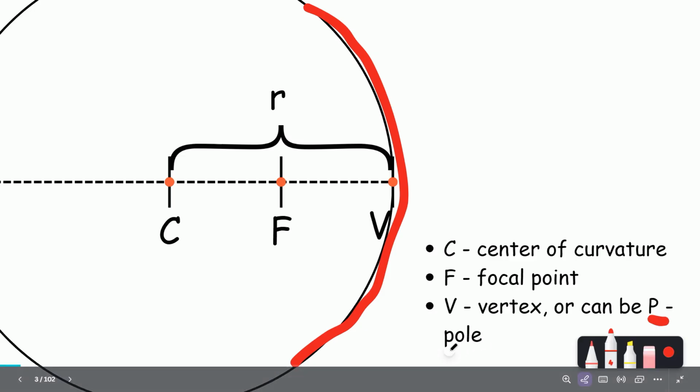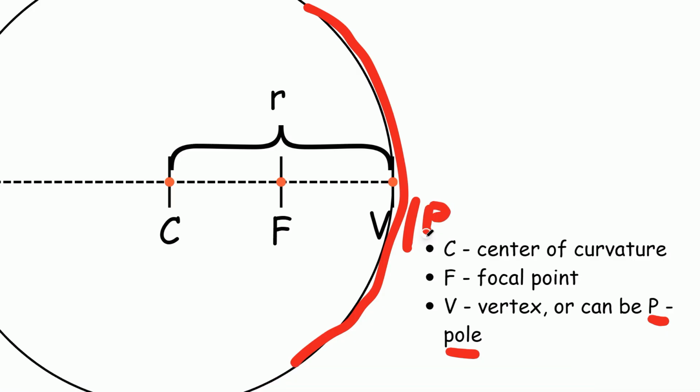So sa last video, pole ang gigamit adto. So if V ni siya or P, that is just the same. And then C can also be termed as 2F because this is 1F and this is the second F. So kaduhaon ang F, 2F.